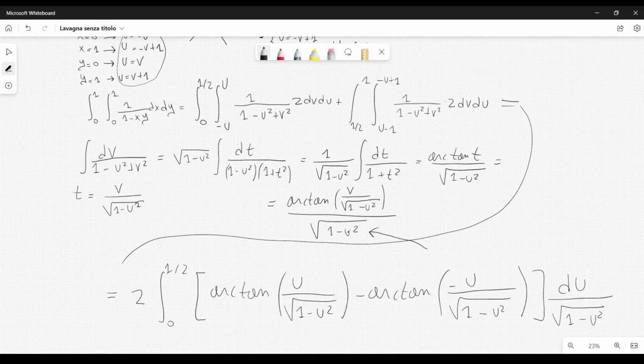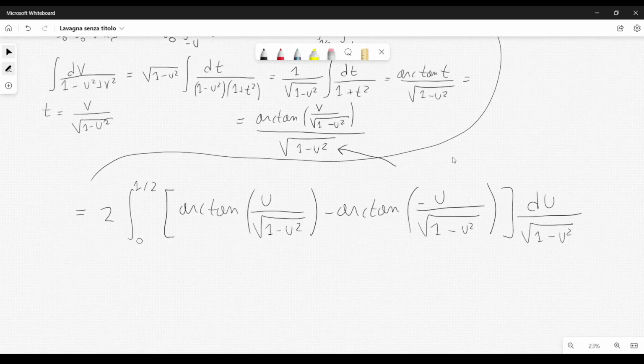This is u, so please do not get confused with u and v, because sometimes my handwriting might not be too clear and you might mistake a v for u and vice versa. But I hope that when I read the formulas you understand if it is a v or a u.